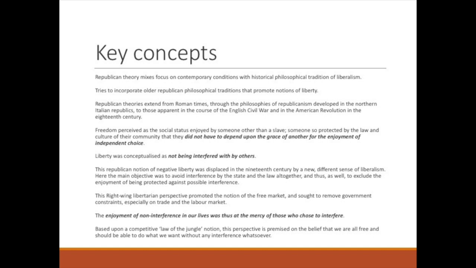This is what we might call right-wing libertarian perspectives on liberty. This perspective promotes the notion of the free market and seeks to remove government constraints, especially when it comes to trade and the labor market. The enjoyment of non-interference in our lives is therefore at the mercy of those who choose to interfere.